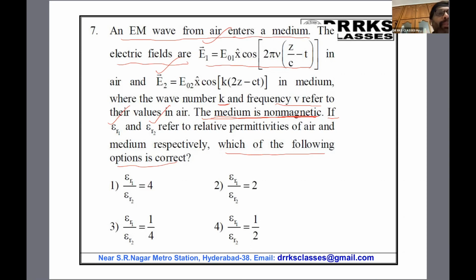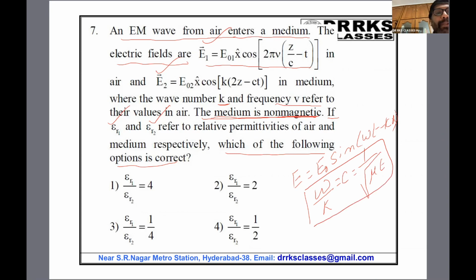We know that if E is equal to some E naught into sine omega t minus kx, then omega by k is the velocity of the wave c, which is equal to 1 by square root of mu and epsilon naught. Remember that this plays a very important role.